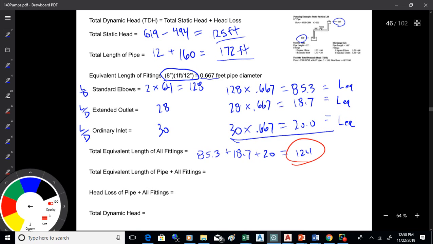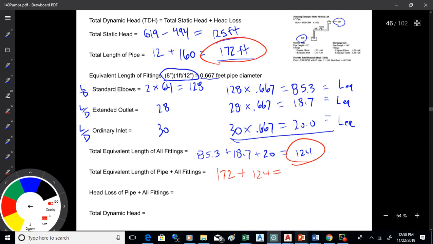Okay. All right, now if we want to find the head loss, what we do is we take that equivalent length of the fittings. Basically what we're saying there is the fittings have the same head loss as 124 feet of pipe. And then we add it to the length of the pipe. So there's the length of the pipe, the 12 and the 160, plus the 124.